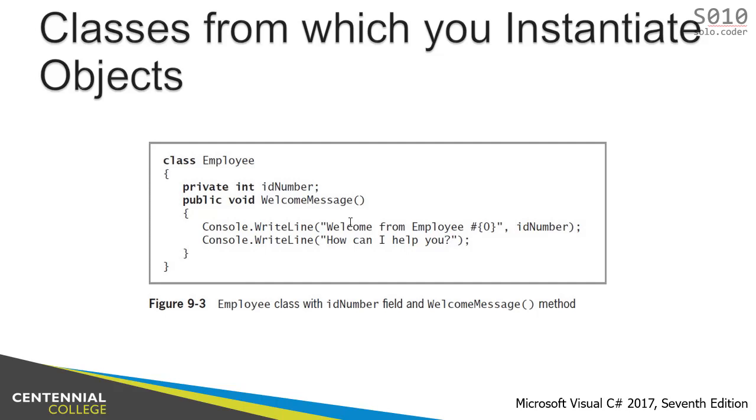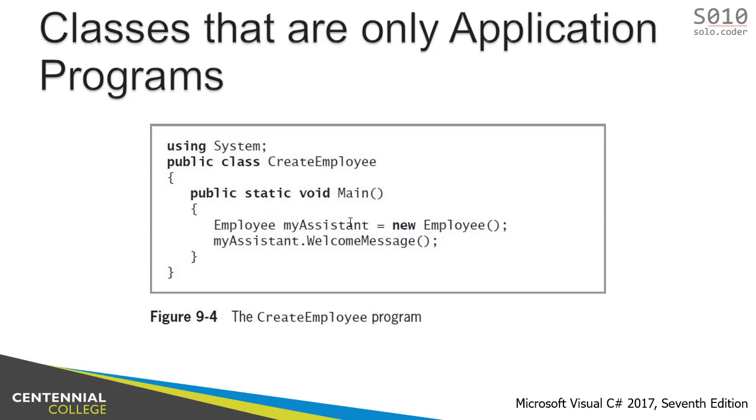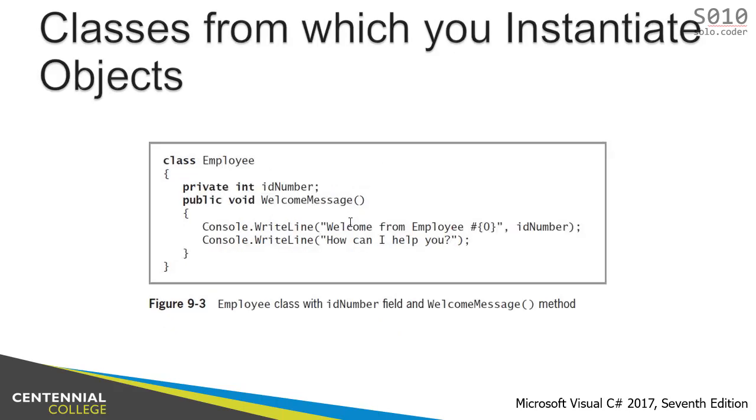But if it's set to public, it's visible inside and outside. That's why I can write that dot welcome message. If welcome message was set to private, we could not call that outside the class, okay?